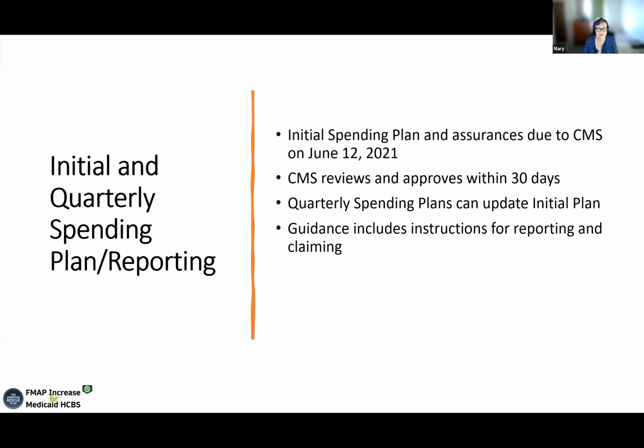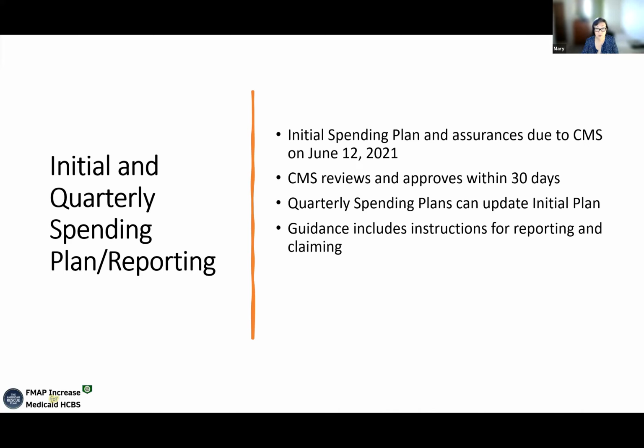We also have to do anything that we do within the state procurement guidelines, which we all know and love. So those are the basic requirements for the spending plan, which is what we're going to be working on in the next few weeks.